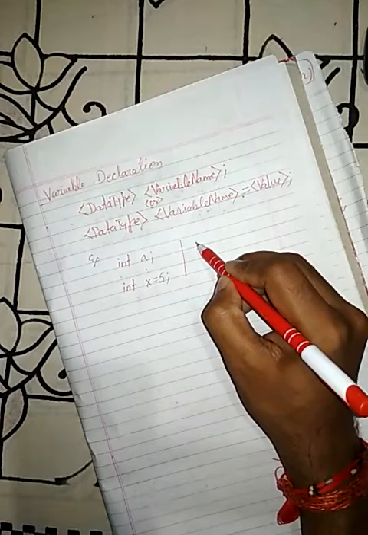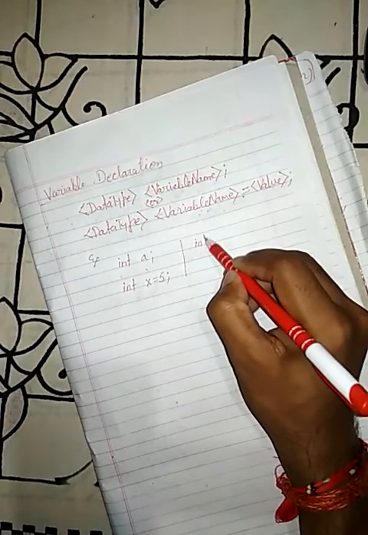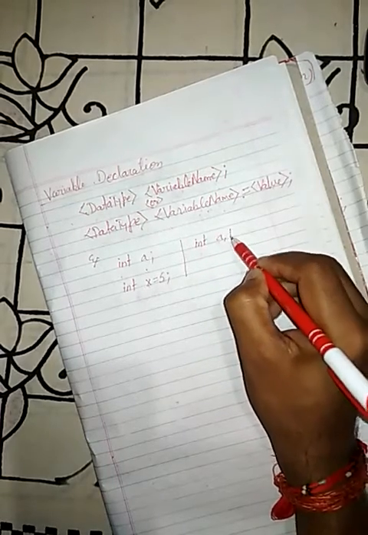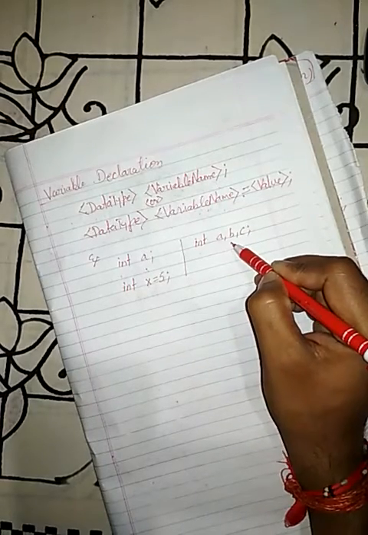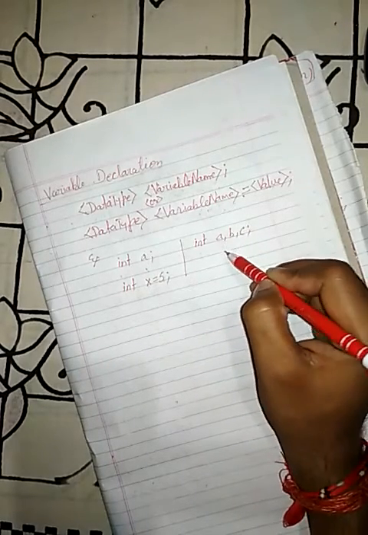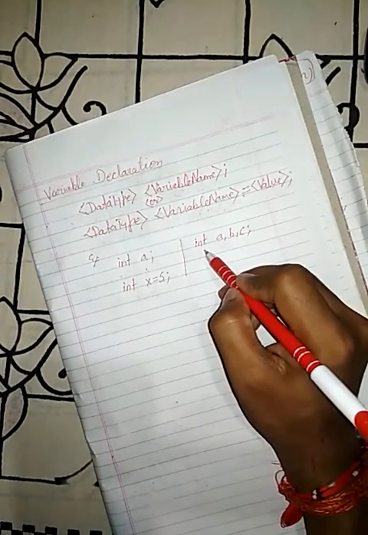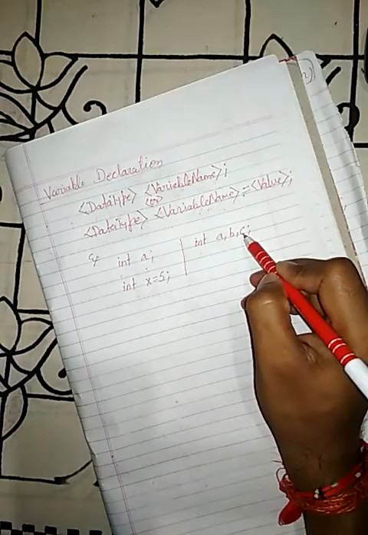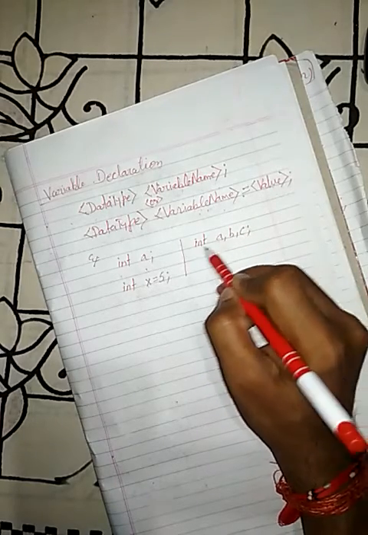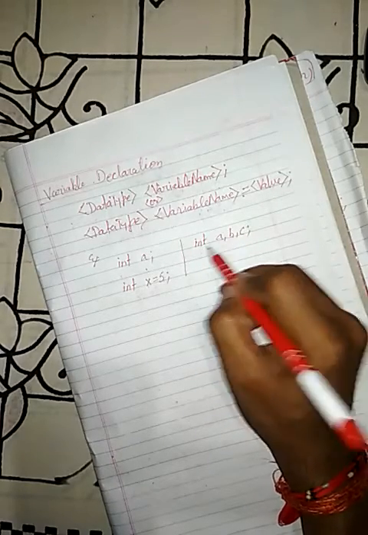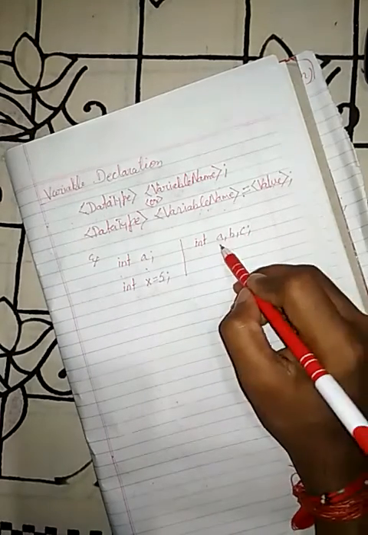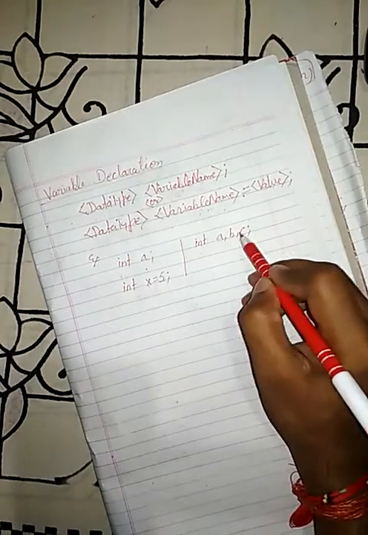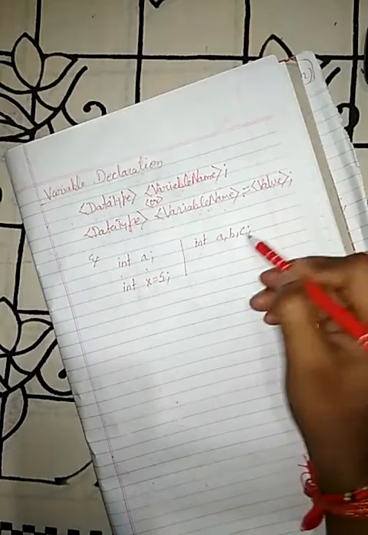Okay, we can also declare like this: int a, b, c. It means we can declare many variables using a single data type like this. It means a is of integer type, b is of integer type, and c is also an integer variable. Okay, here 3 variables can be declared in a single line.